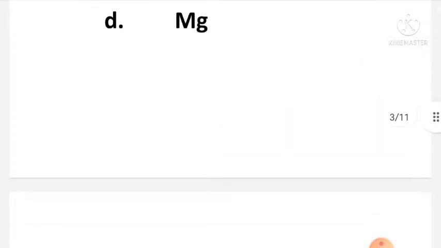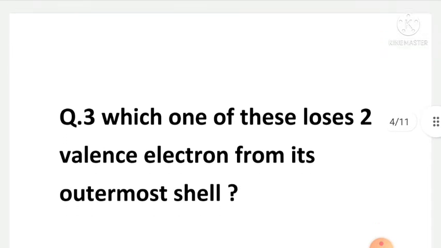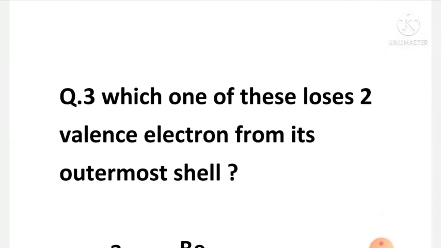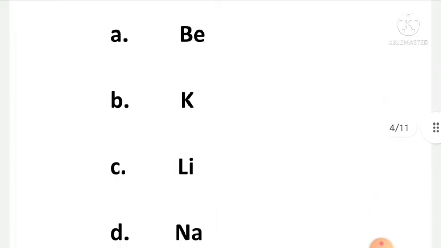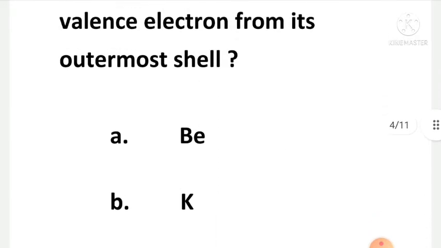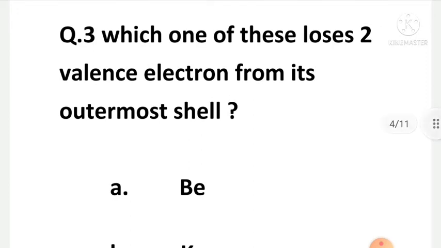Now we see the next question. Question number 3. Which one of these loses 2 valence electrons from its outermost shell? Here 4 options have been given. Which one is correct? We have to observe what the question is asking. Only 1 is the correct answer.